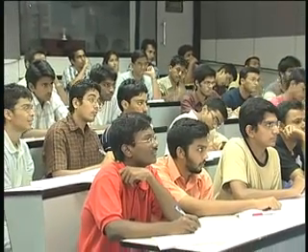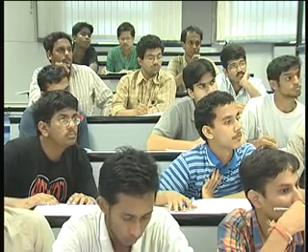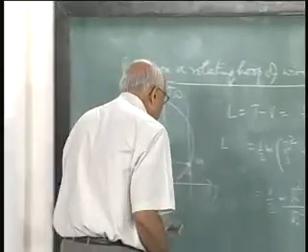I would just say rho, everything else is gone. I know how phi changes, phi is equal to omega t plus a constant, and I know z in terms of rho, so there is only one degree of freedom, rho, and a corresponding velocity rho dot. So it is a problem which is really one dimensional.